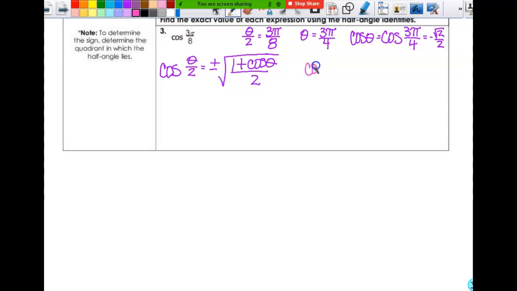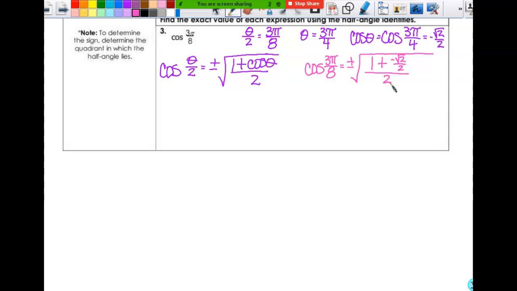That's 3 pi eighths. So cosine of 3 pi eighths is going to be equal to plus or minus the square root of 1 plus that negative square root of 2 over 2, all over 2. Everybody with me so far?